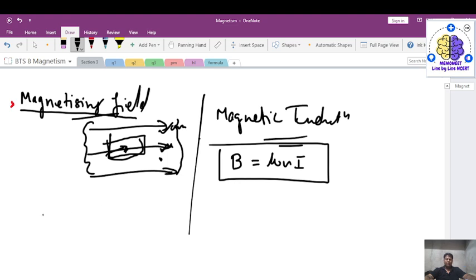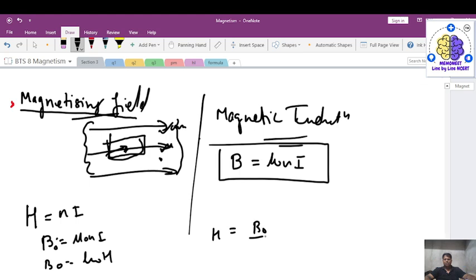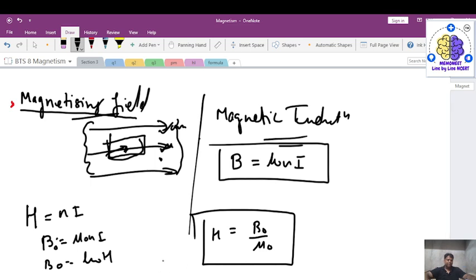So magnetizing field intensity is given by H, and H is equal to N into I. So you can say that B naught is equal to mu naught N into I. So we will have B naught is equal to mu naught into H, or you can from here say that H is equal to B naught upon mu naught, right? That is magnetizing field intensity.